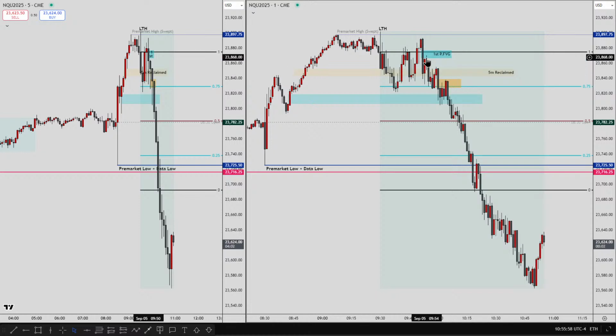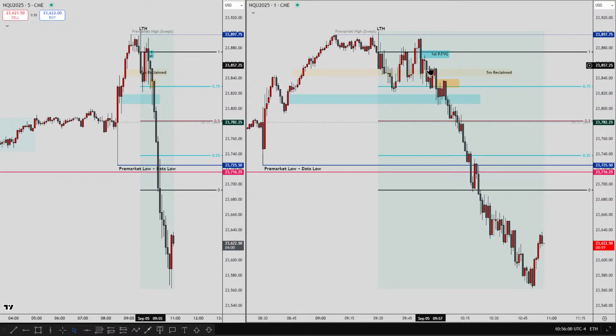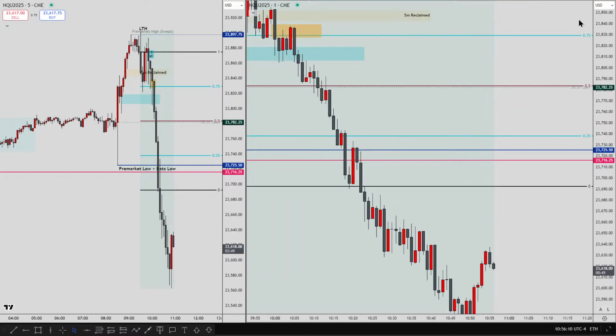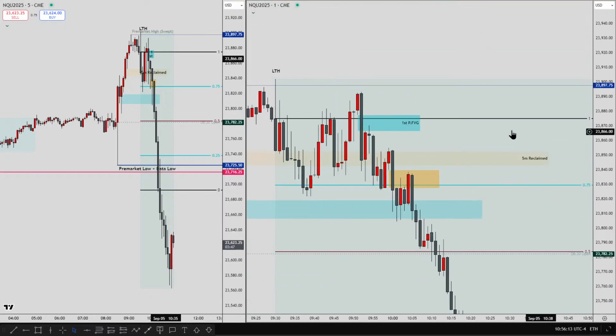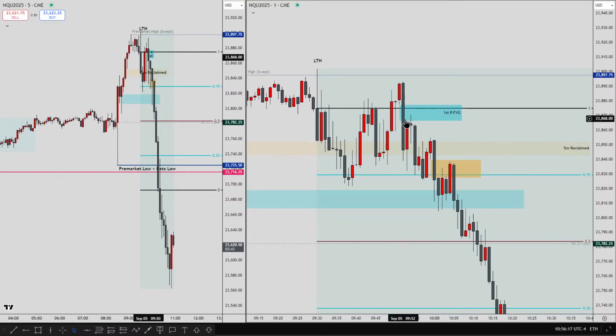Institutional order flow entry drill. So the trade for the day would have been the first fair value gap. No, so although technically, yeah, that was an entry, there was no market structure to confirm a flip in where we're delivering to.